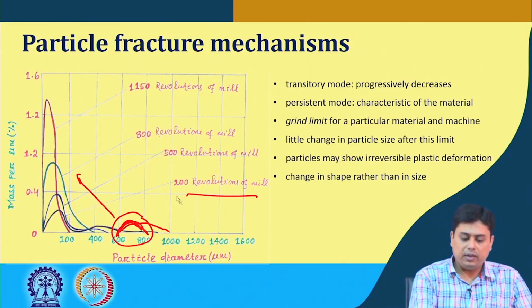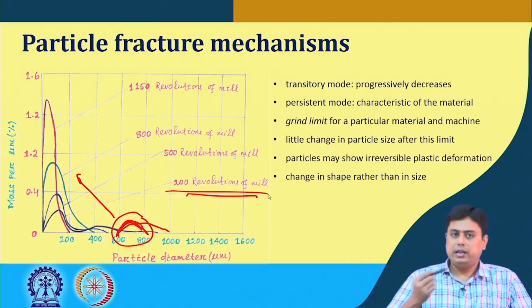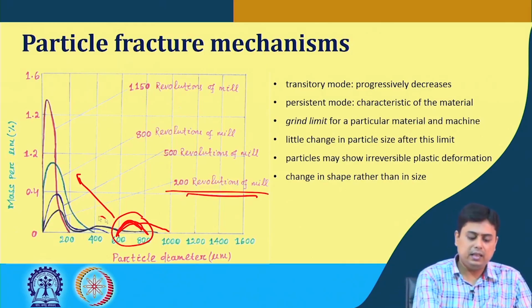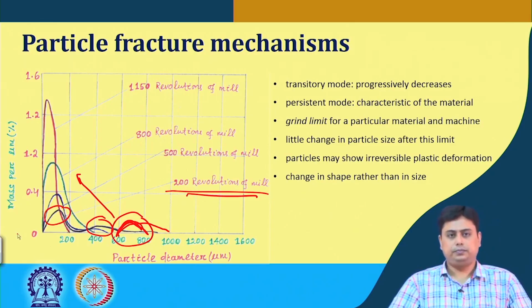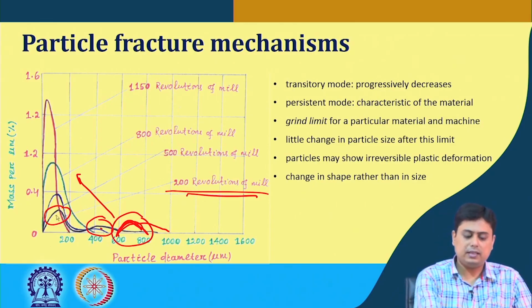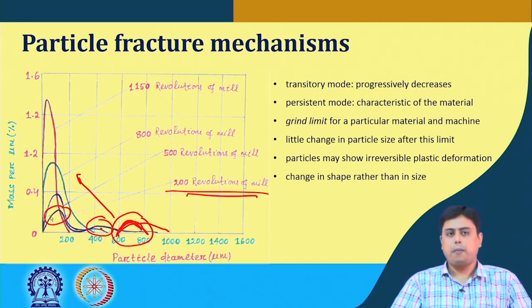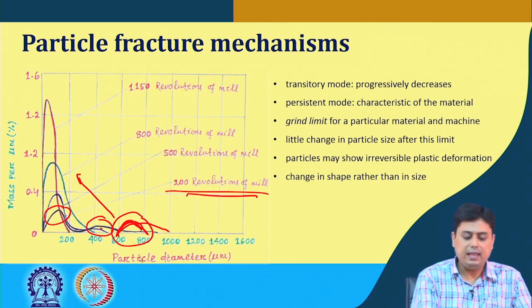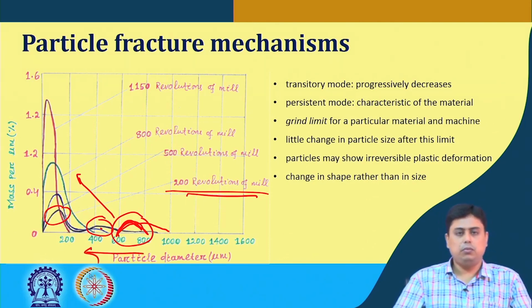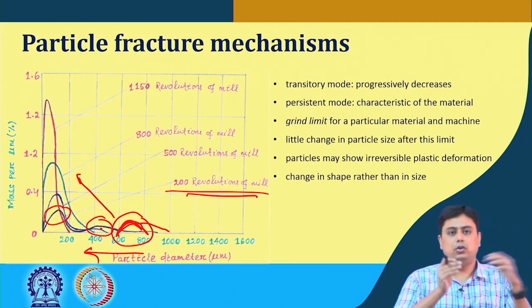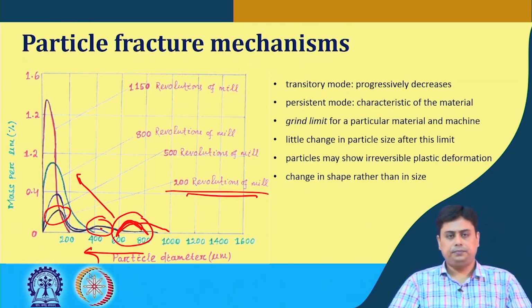After a certain revolution or certain intensity, it has been seen that there are two peaks on the size distribution. So, this is the first peak and this is the second peak, which would occur because the size is reduced in this way, from 600 it is going to 400, 200 in this size.